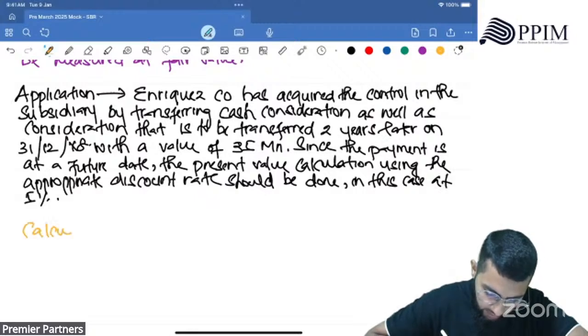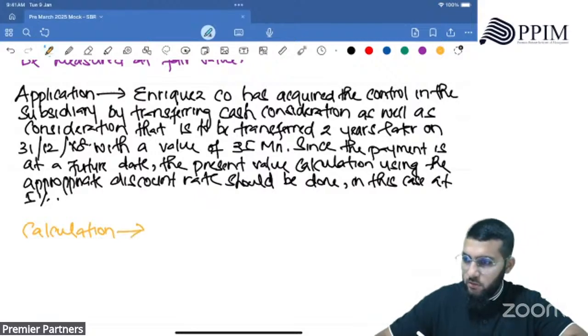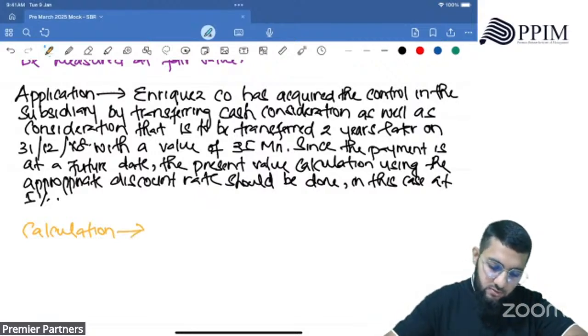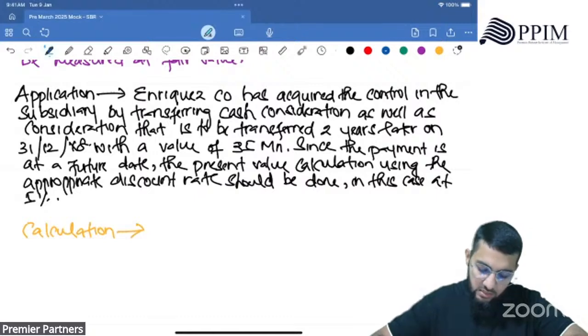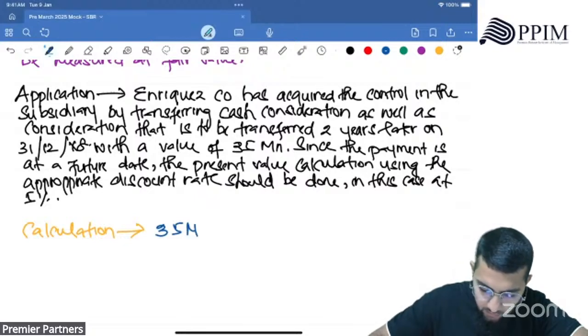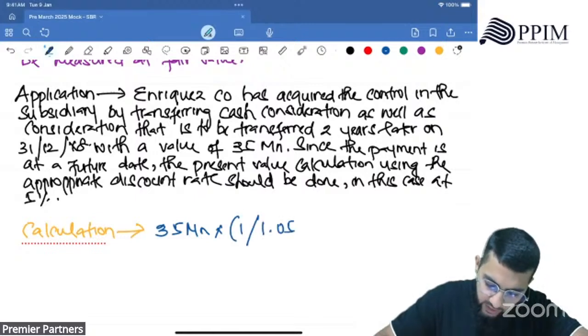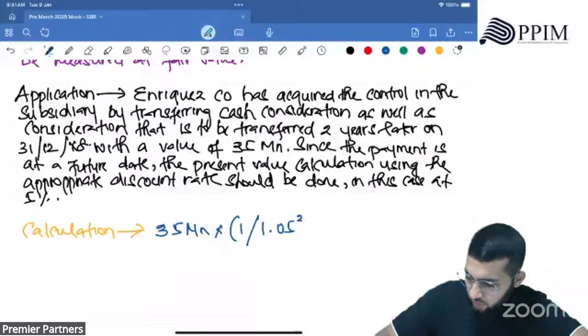Calculation. Now this is still issue number one. The calculation is going to be 35 million into 1 over 1.05 to the power 2.